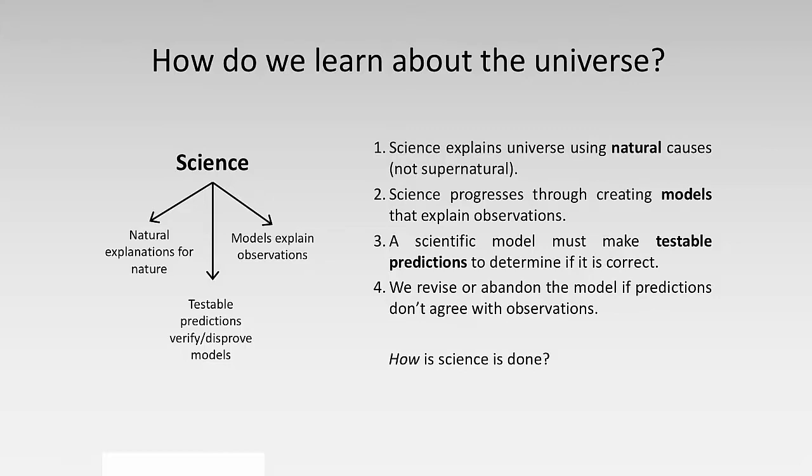Those models, of course, need to be tested. We need to be able to determine if they're right or wrong, if they're correct or not. And that's what scientists do. They continue to make additional observations to see if our ideas are correct. And so science is a very progressive way to learn about the universe.